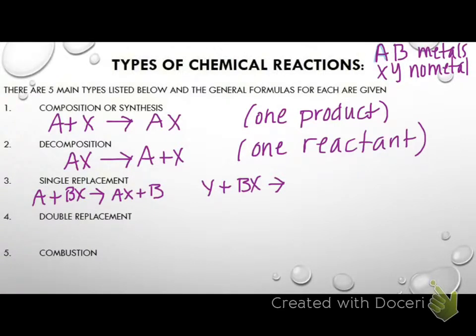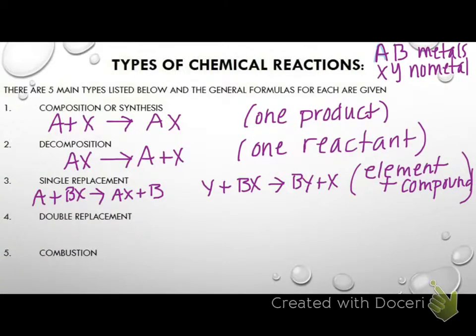So then I would get BY plus X. And the way that you can recognize if something is a single replacement is it's always going to be an element, so a single element by itself, plus a compound, on both sides of the equation. It will be an element plus a compound.